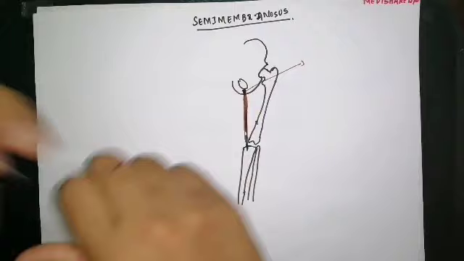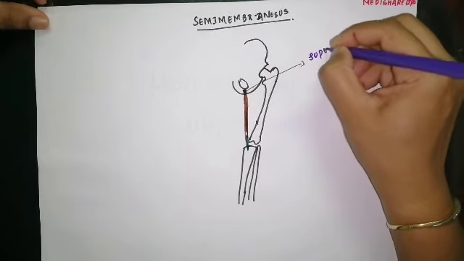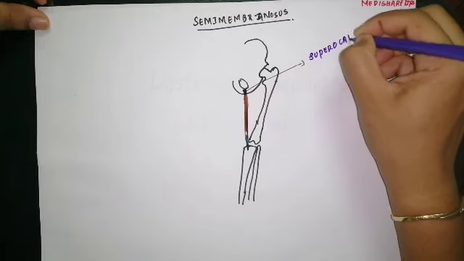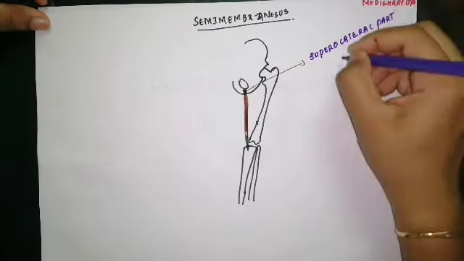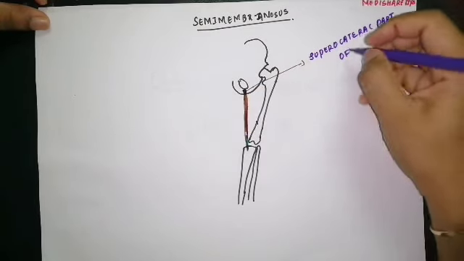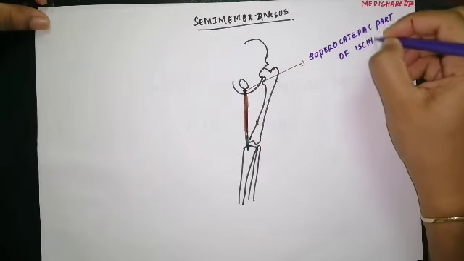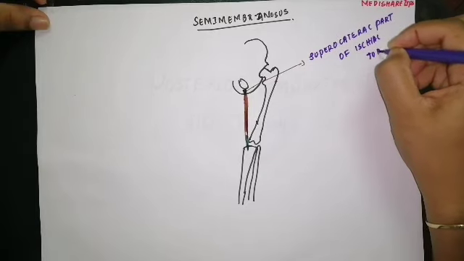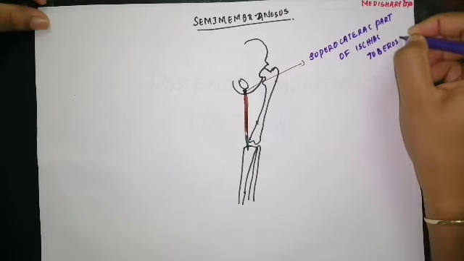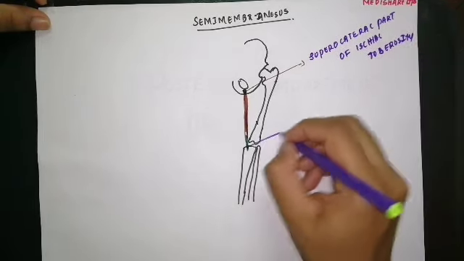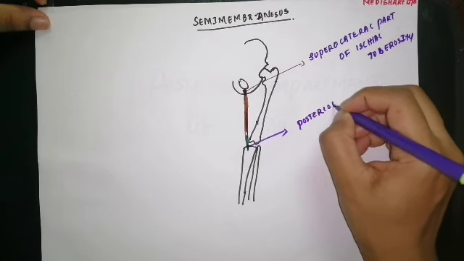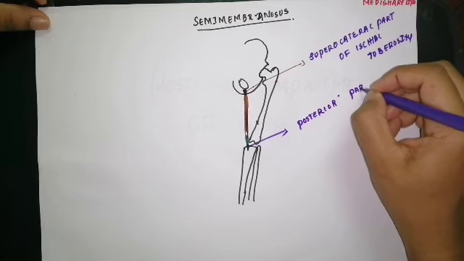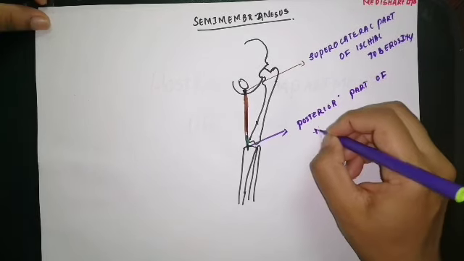So the origin of this muscle is from the superolateral part of the ischial tuberosity. Now it gets inserted into the posterior part of the medial condyle of the tibia.